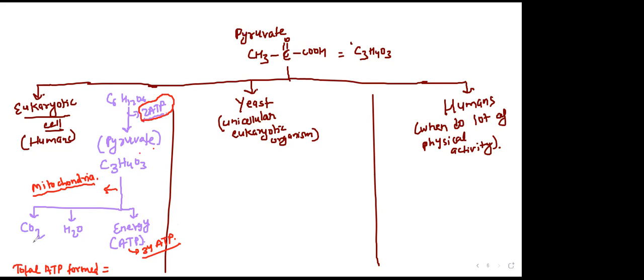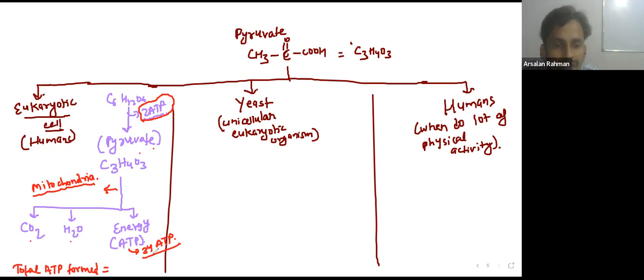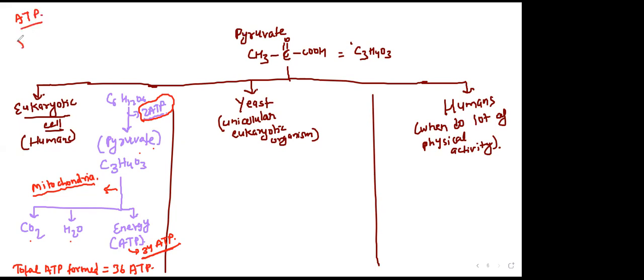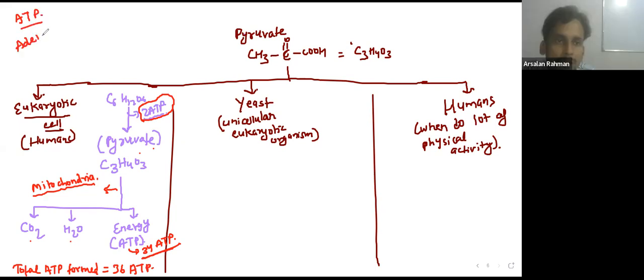From pyruvate to CO2 and H2O, we get 34 ATP. Total ATP is 36 ATP. Lot of energy. What is the full form of ATP? Adenosine triphosphate.